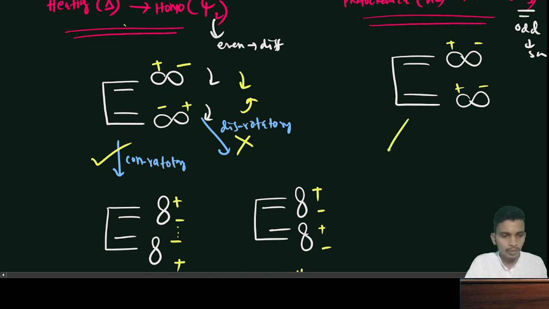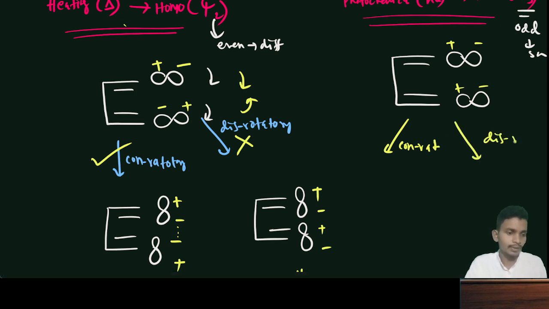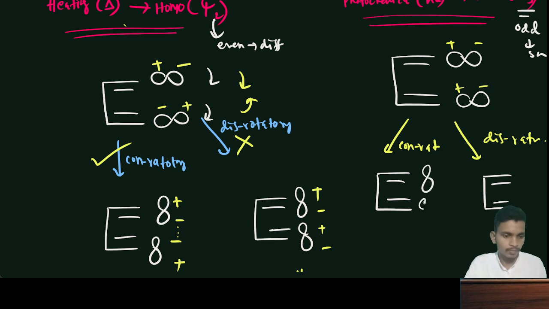Now we will look at the same things for photochemical conditions also. Here also we will look at conrotatory and also disrotatory. First, make them separately. Conrotatory means if I am rotating clockwise, then I also have to rotate this one clockwise.